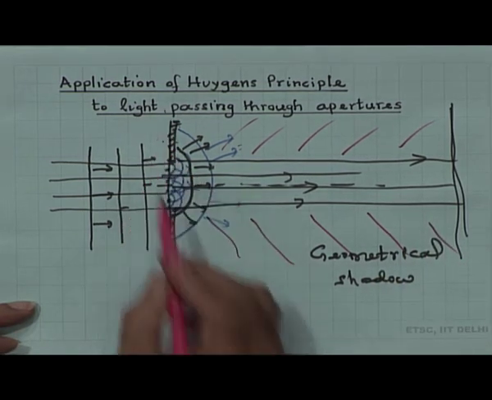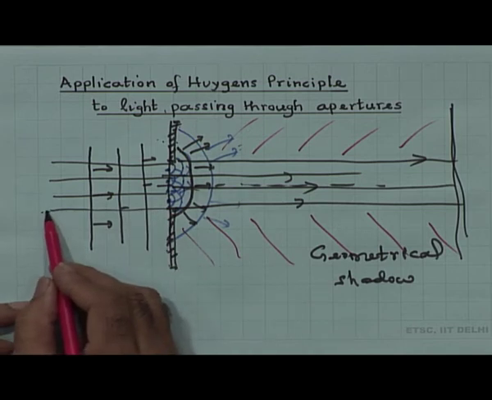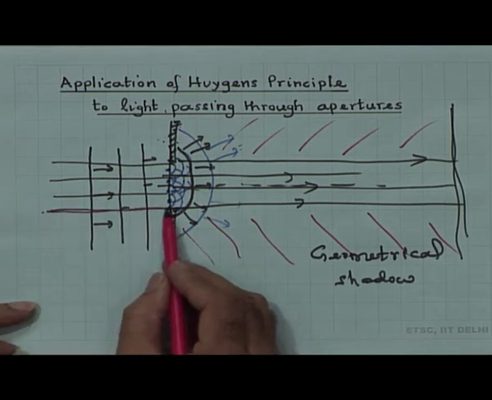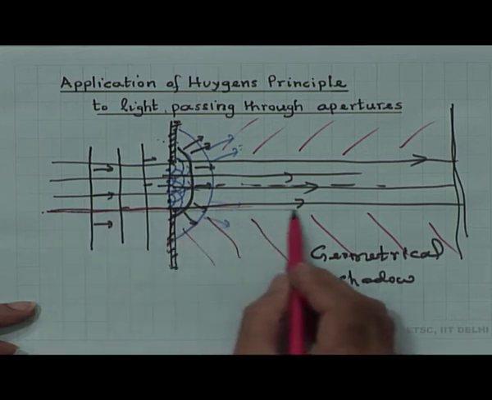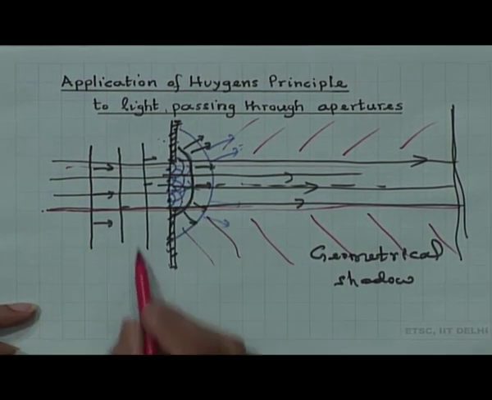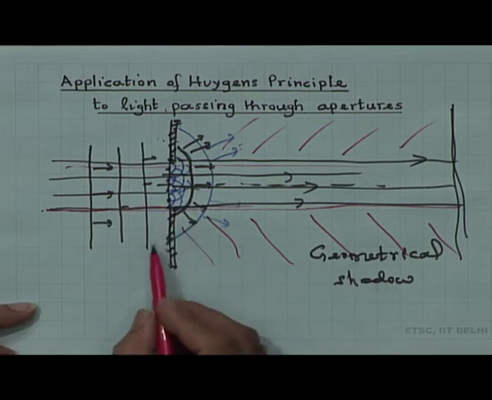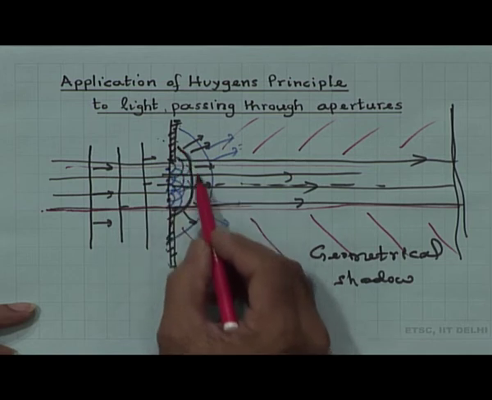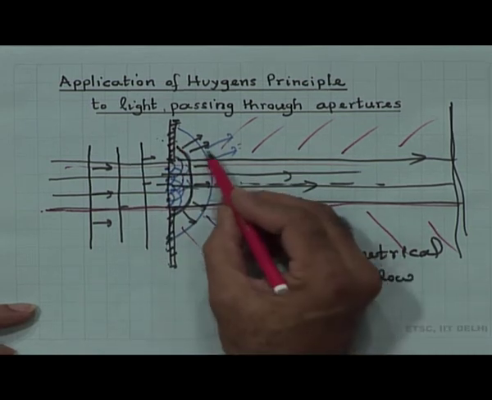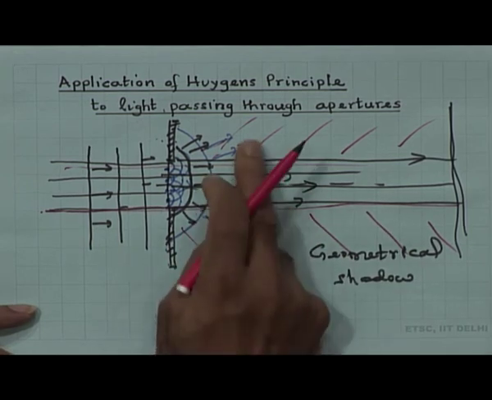There is an aperture here and there is a geometrical shadow, which means as far as the geometry is concerned, the straight rays or the straight lines would go here and here, because it is a plane wave which was incident here. But we see that according to Huygens principle, when we construct the wavefront, it also propagates into the geometrical shadow.